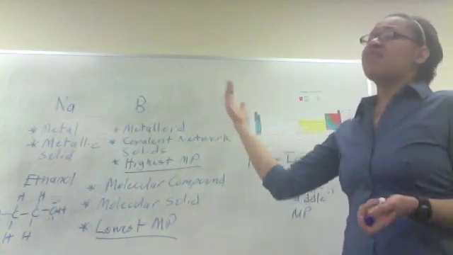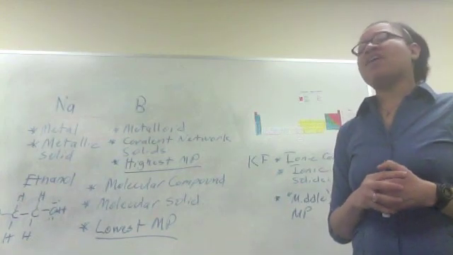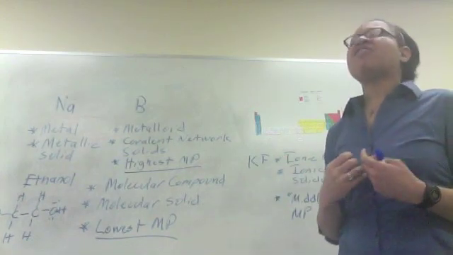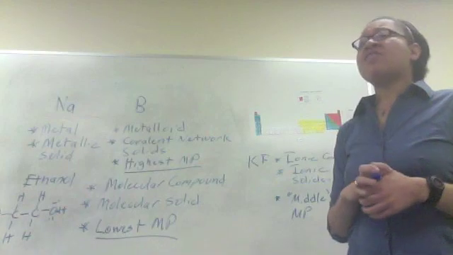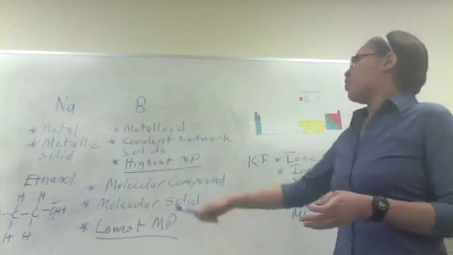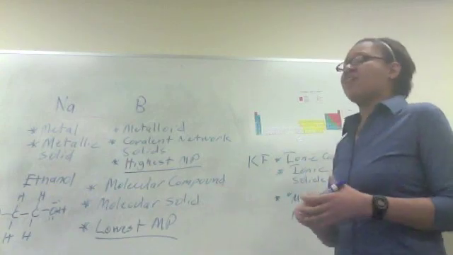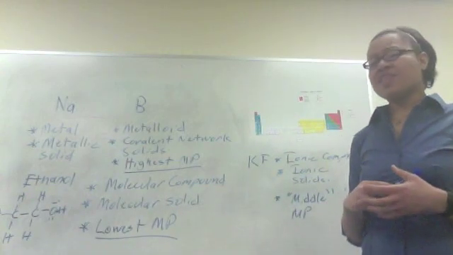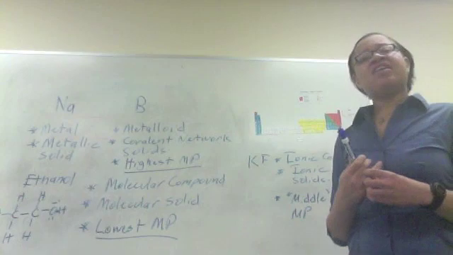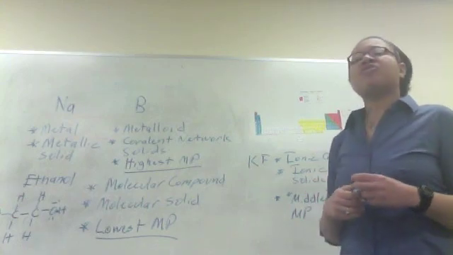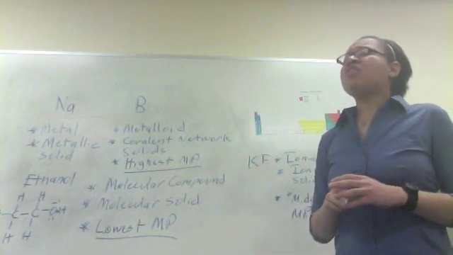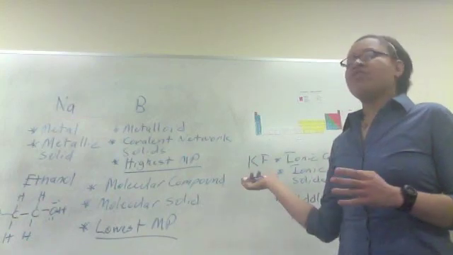And again, sodium, we're not going to compare that because we really can't compare metals since they have a large range of melting points. But you will be asked to compare covalent network solids, molecular solids, and ionic solids in terms of melting point strength. In addition, you could be asked to compare different molecular compounds in terms of melting point.